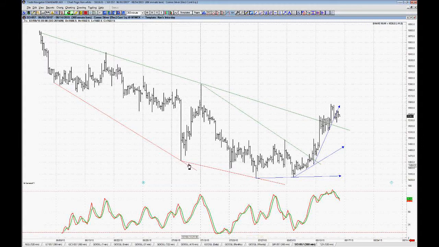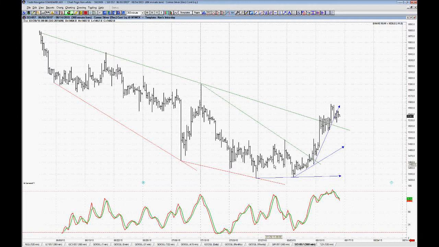At the same time, these lower lows trend line starts to get less steep, this lower highs trend line gets steeper. And that creates this apexing effect where we're coming into this area of decision and we're either going to break out or break down, break up or break down.